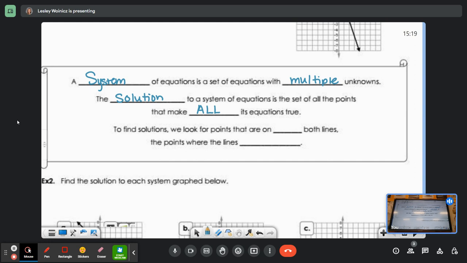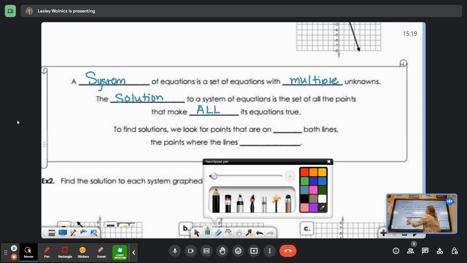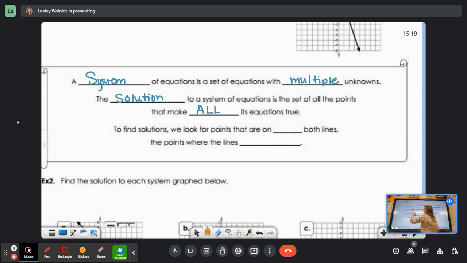Okay, so graphically, to find solutions, we're going to look for points that are on both lines. I put a blank here, and then I filled in the blank right next to it like a dingbat. So that was just supposed to be both, sorry. All right, so the points that are on both lines are the points where the lines intersect.